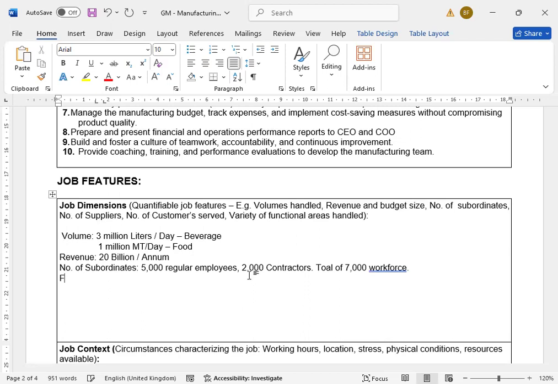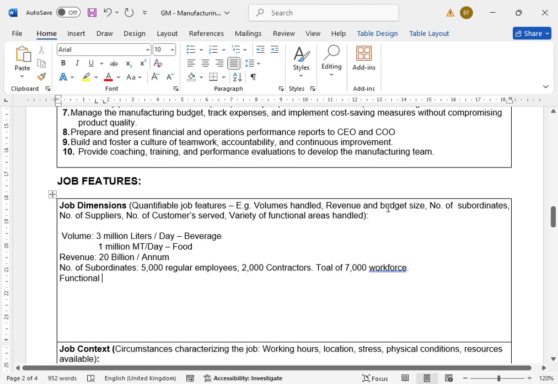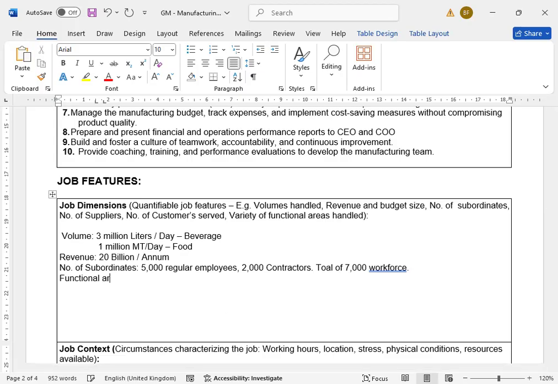Then let's say functional. I'm not putting the budget. Revenue is okay. Otherwise, if I know the budget, then I also put the budget here. So financial areas, say production, warehouse, planning.